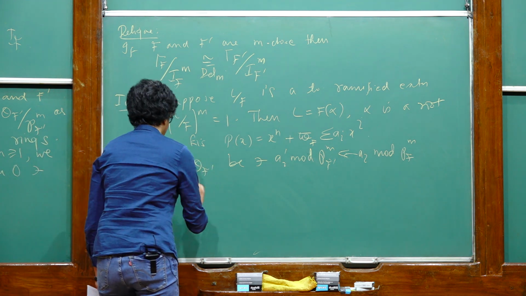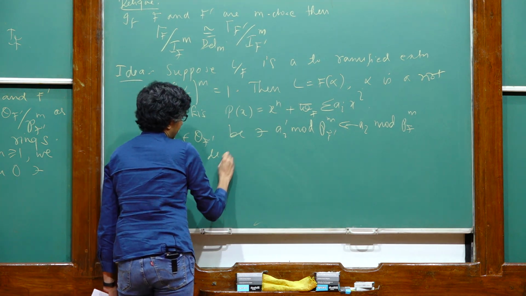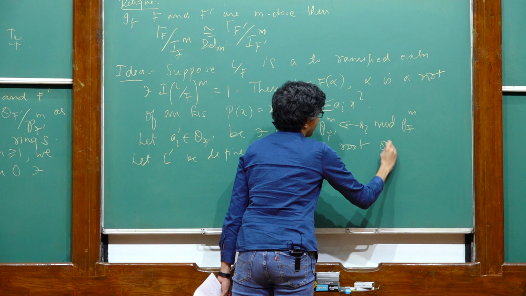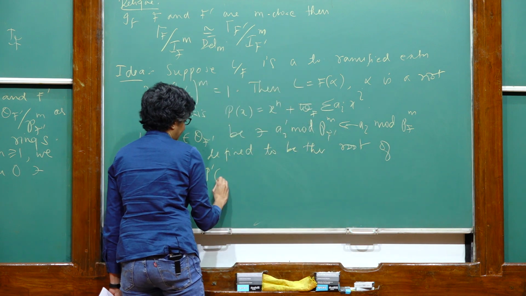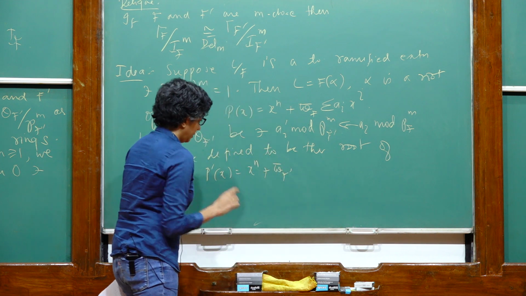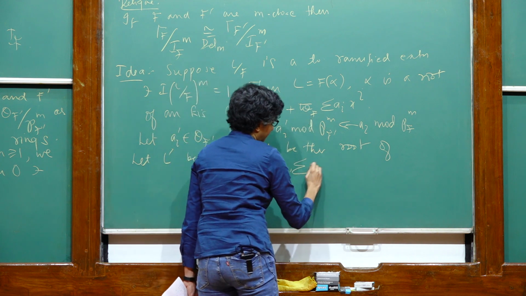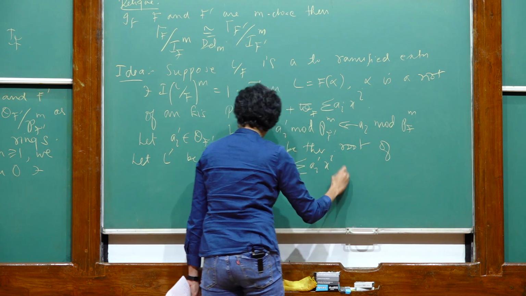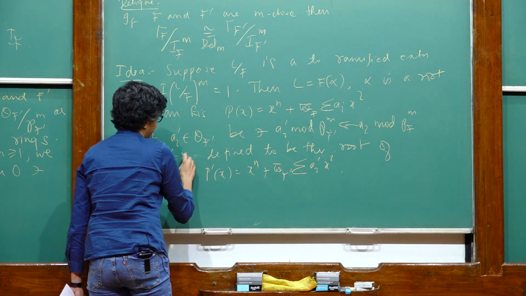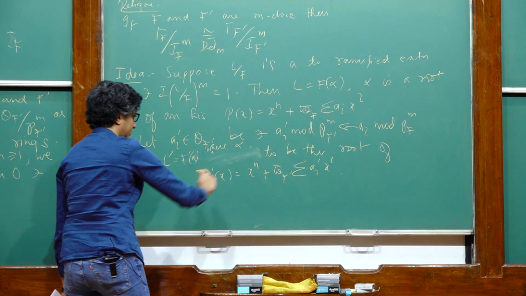And then let L prime be defined to be F prime of alpha, where alpha is a root of the polynomial P prime(x), which is now x^n plus a uniformizer of F prime, which maps to the class of the uniformizer of F under this isomorphism, times some sum of a_i prime x^i.